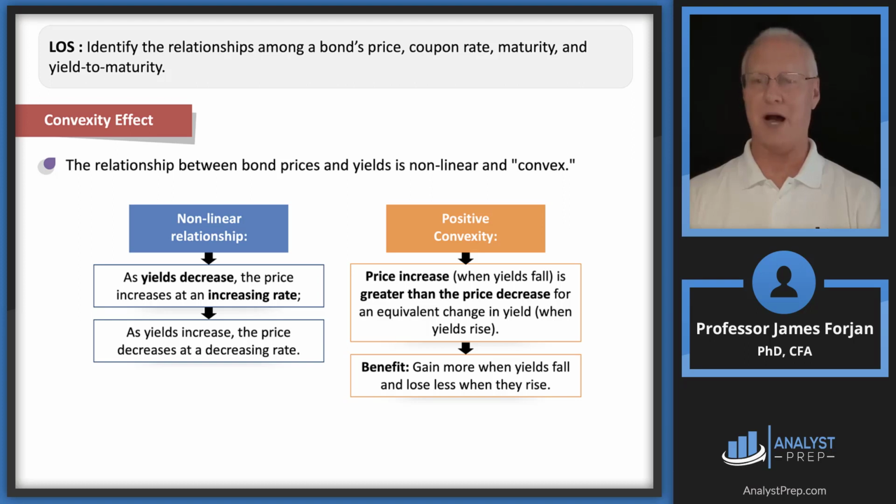Most bonds have positive convexity, and what that means is that there are some instances when the bond is more sensitive to a change in yield and times when it is less sensitive. So two things here: nonlinear relationship, just remember that, and most bonds have positive convexity.